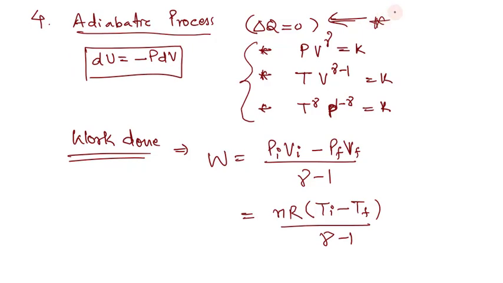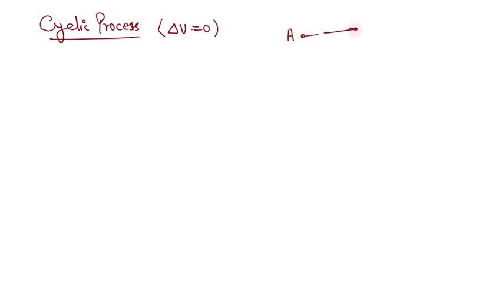So this is important. Now one more process can happen, that is called the cyclic process. In a cyclic process, what happens? We come back to the initial position from where we started. So it means delta U is 0, as we have discussed that U is a state function. So if I have A, I go to B, to C, to some other point D, then E, and then we again come back to A. That is called a cyclic process.